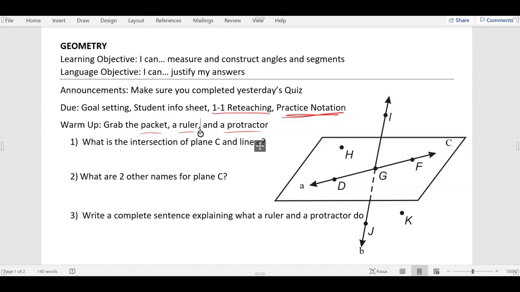It's okay to get it wrong or make a guess, but where does this plane touch this line? What do you think? G? G is a point where they touch. It's not only G. What else? Okay. You said D to F? Is it just D to F?